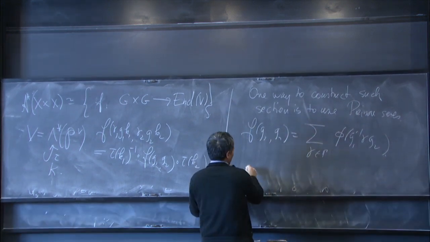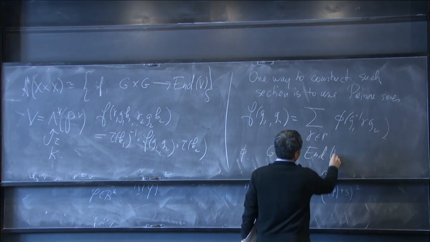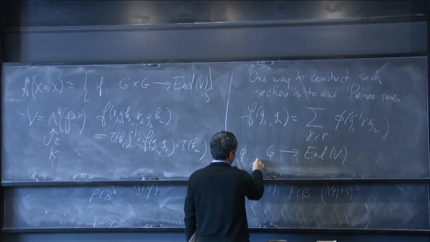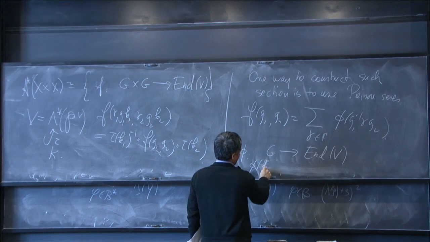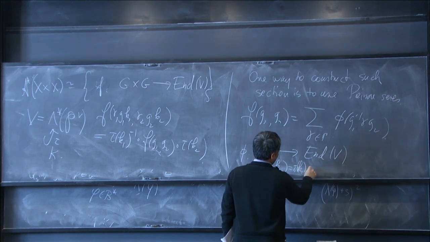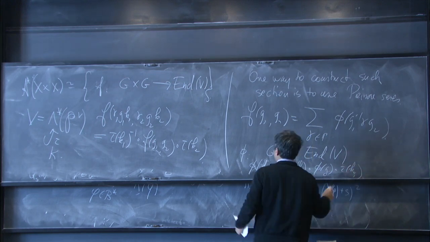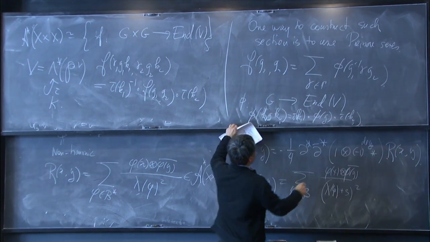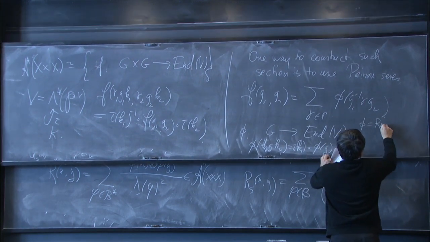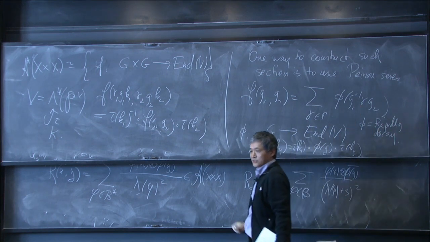But this phi right now is a function going to endomorphism of V, satisfying the usual translation: phi(k1 g k2) equals tau(k1) composed with phi(g) composed with tau(k2). Right? And you want phi to be rapidly decaying, but otherwise this one does not converge.